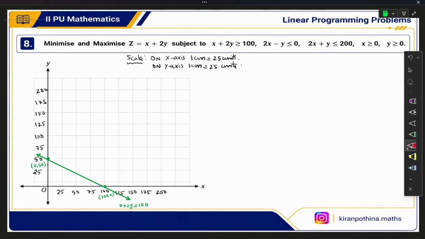Okay, now what is our second line? 2x minus y equal to 0. I will write the points we considered: 0 comma 0 is one point, and when x equals 50, y value is 100. So the other point is 50 comma 100. Now we'll draw the line by joining the points.